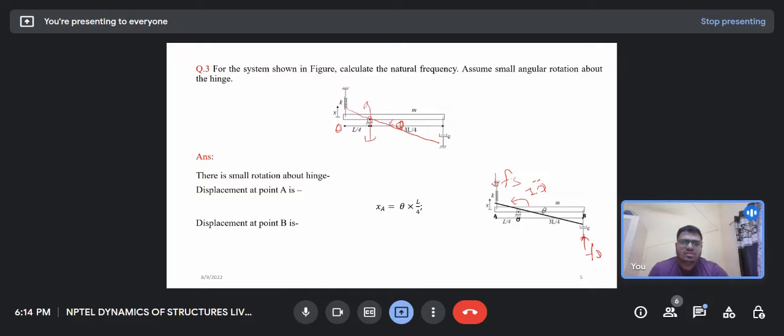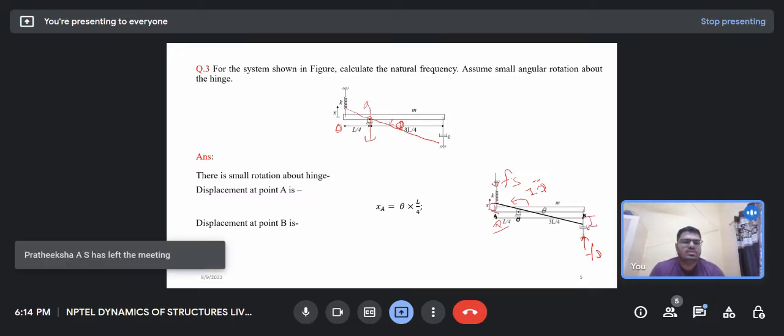For this displacement at point A, you can calculate theta. The displacement in the spring is theta into L by 4, and the displacement in the damper is theta into 3L by 4.